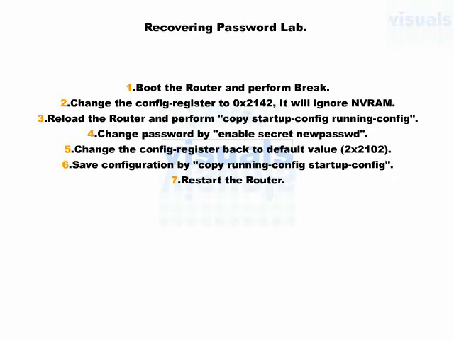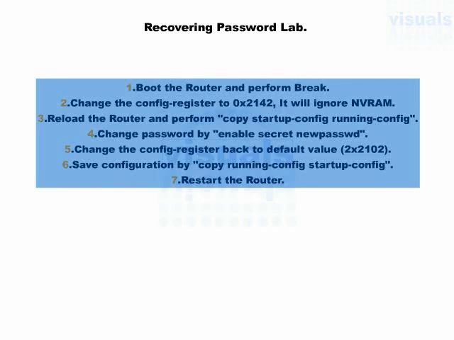Okay, now final review. I followed this process. I booted up the router, performed the break key on all three terminal emulators which we are using, changed the configuration register to 0x2142 and restarted my router. After it completes the whole restart process, it asks whether I want the initial configuration.